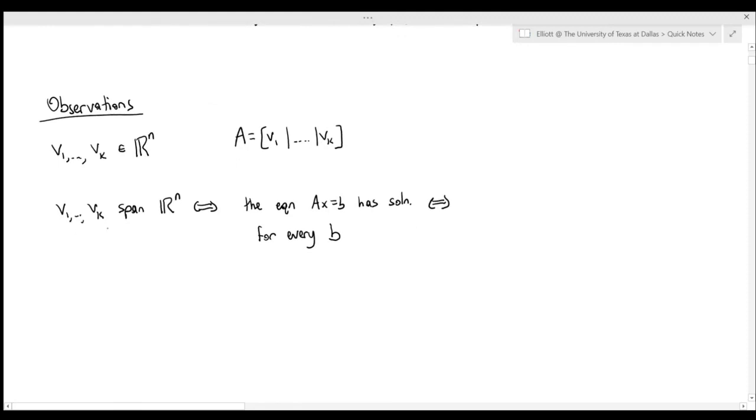Right, so then equivalently for these vectors to span Rn, another way you can think of it is by saying that this matrix A will not have any rows of zeros after you do elimination.